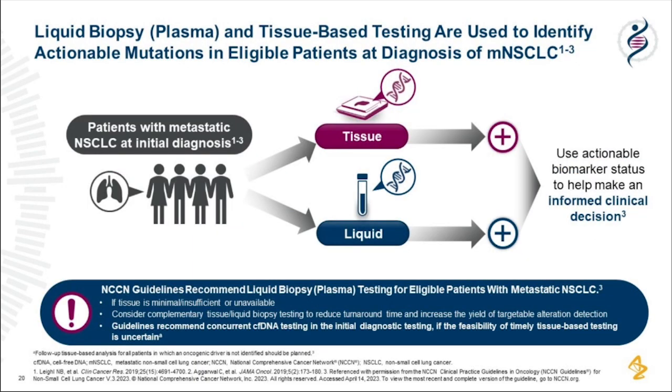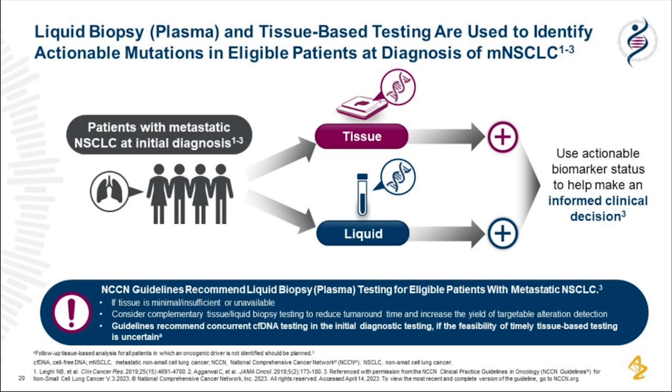So, liquid biopsy or plasma and tissue-based testing are used to identify actionable mutations in eligible patients at diagnosis of metastatic non-small cell lung cancer. Of course, when you've got patients with an initial diagnosis of metastatic non-small cell, you want to go tissue and also liquid, because the actual biomarker status may help to make informed clinical decisions.